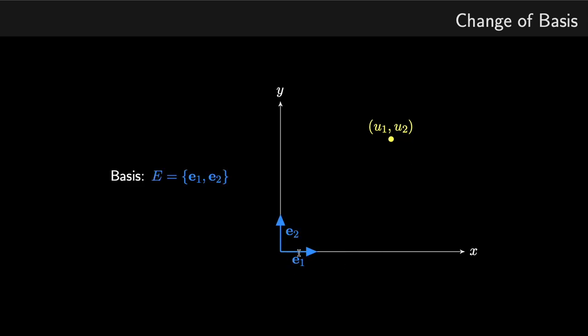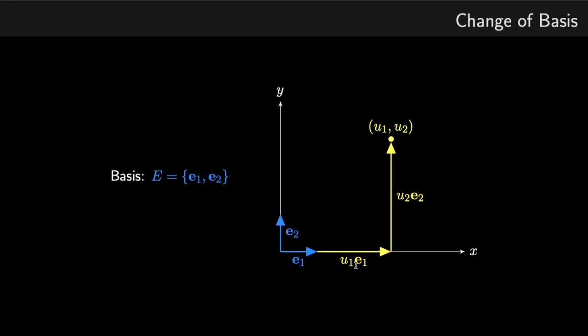Well, if we have the standard basis, E1 points along the x-axis, E2 along the y-axis, and the coordinates U1 and U2 are how much I'm multiplying my basis vector E1 by to get to this point, plus how much I'm multiplying my basis vector E2 by.